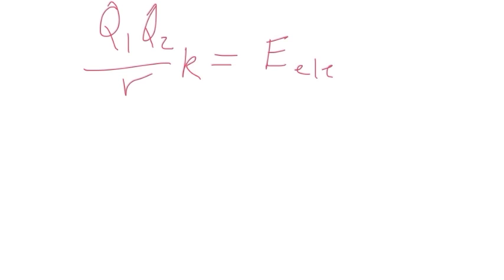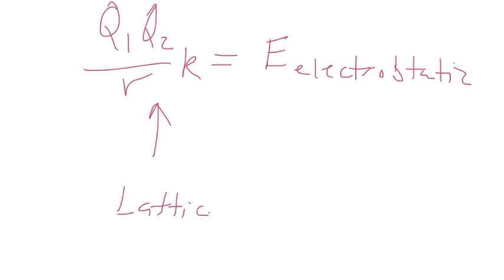So this Q1, Q2 over R times the kappa is equal to the E electrostatic. This has a special name. We call this the lattice energy.